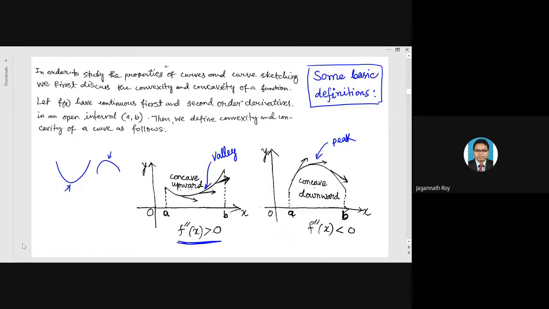If the double derivative is strictly greater than 0, then we call it concave upward. That means the function will be of this form. If we have this form, the double derivative of the function is negative, then we call it concave downward.